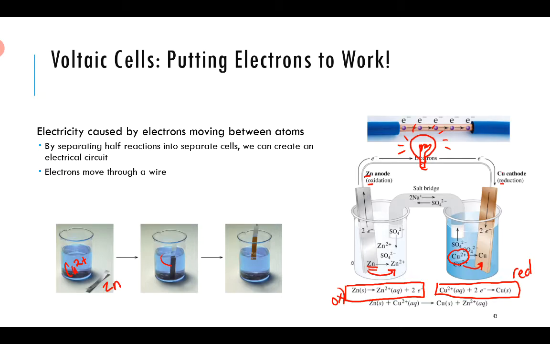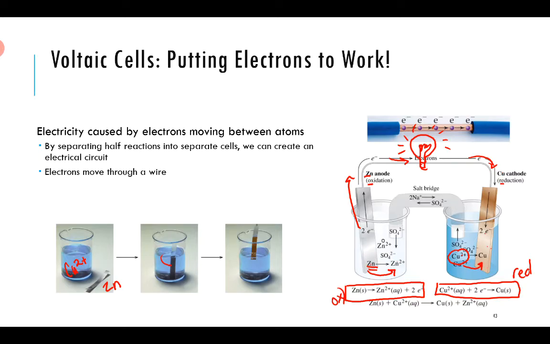As this reaction occurs, we know that these two electrons have to travel all the way. The two electrons that the zinc loses will travel up through the anode, down through the wire until they reach the copper, at which point the copper ions will grab onto them and plate onto the surface.